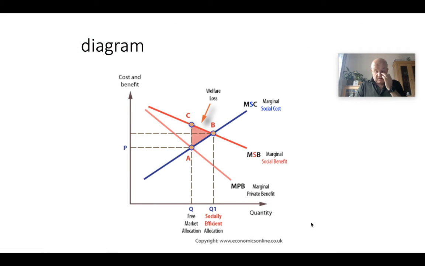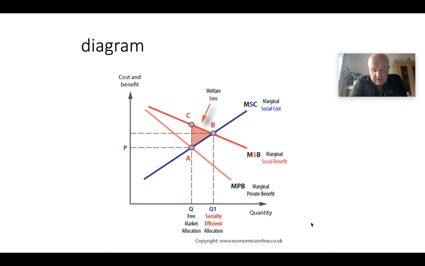So again, the diagram is fairly similar, where in this instance we've got the use of both marginal private benefit and marginal social benefit, the difference between the two, the marginal social cost being drawn in there as well, and then the welfare loss being highlighted. Okay, so the free market allocation of resources as far as the arts were concerned would be at PQ.